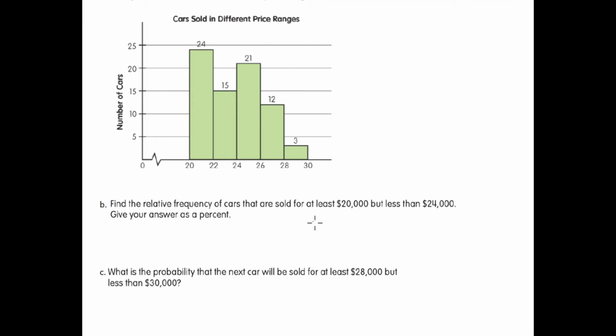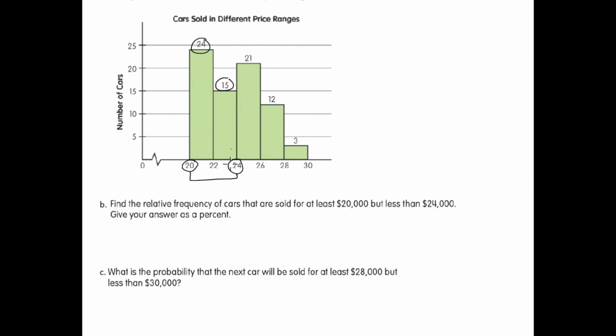Next, we wanted to find the relative frequency of cars that are sold for at least 20,000 but less than 24,000. So if we look at least 20,000, that's from here up to here, and there's 24 and 15.